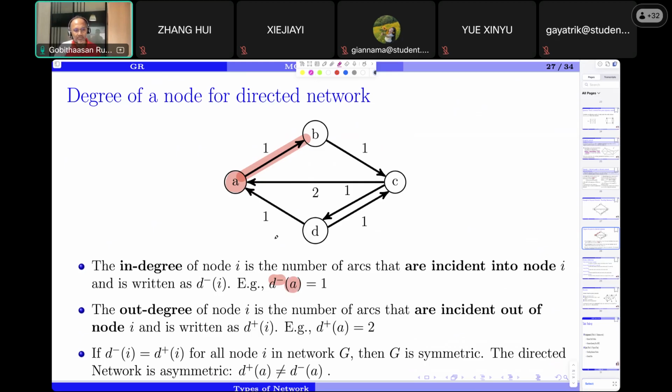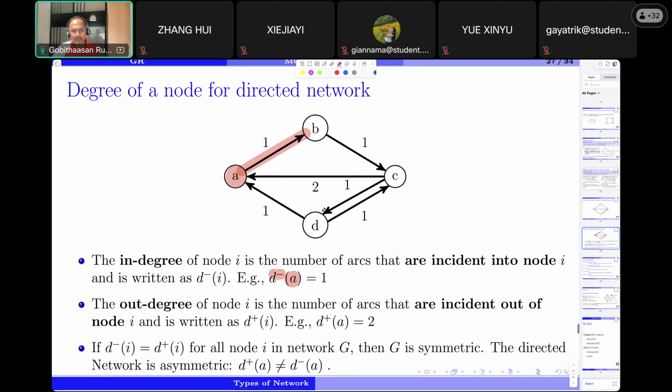Oh, I got it the other way around actually. This is incorrect. Sorry. Let me correct this. Okay, there's a typo here. Please take note.